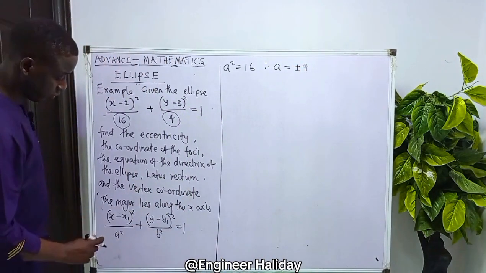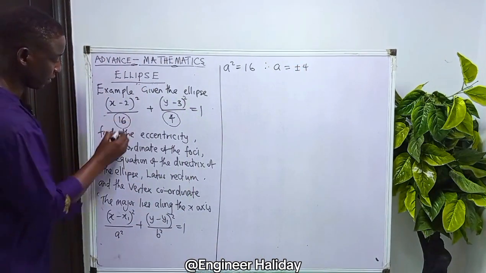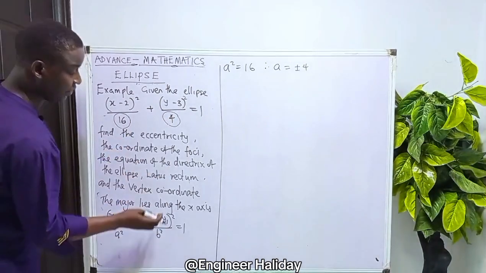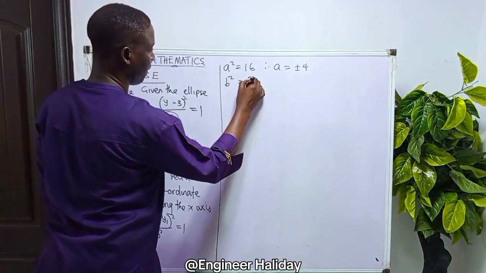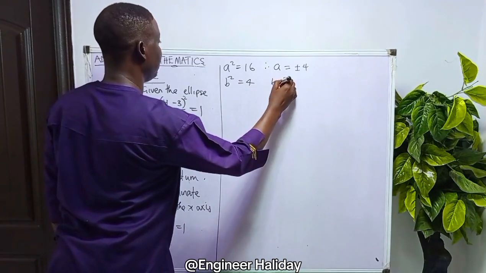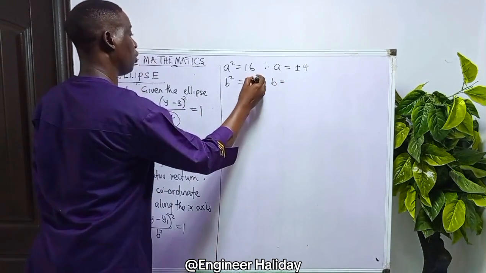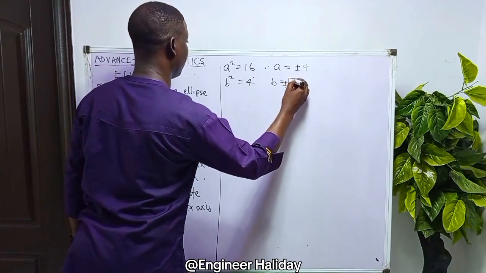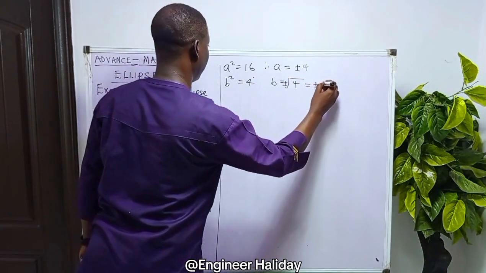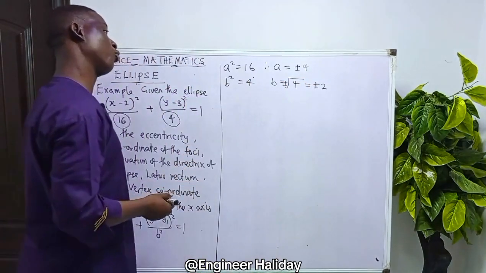What about b square? The minor is equal to 4. So how do we get b? Take the square root of 4, which is plus or minus 2.